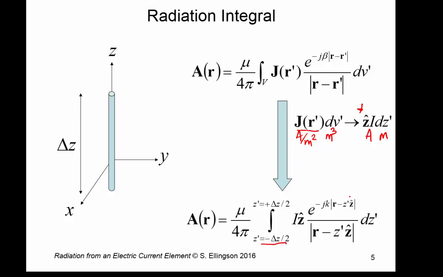And I've also replaced r prime with the specific description of what r prime is, that is z prime z hat. So various positions along the current element as I integrate. So r prime is the thing that's changing. And in fact, in general, when I use this prime notation, I usually use prime to indicate things which are changing with the variable of integration.